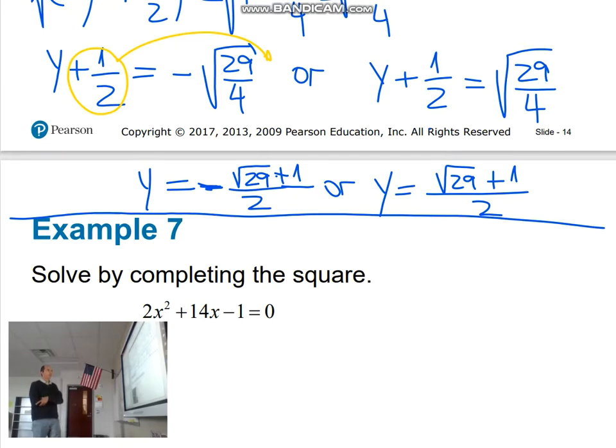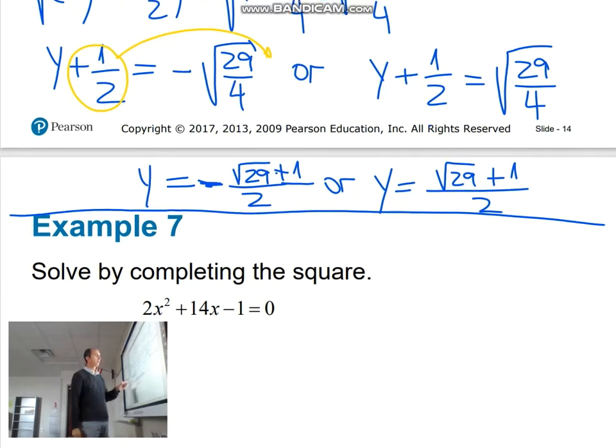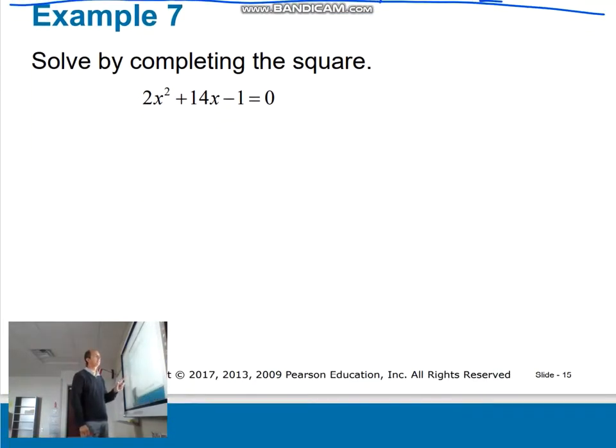All right, and let's move to the next example. Solve by completing the square. Now we have another example. 2x squared plus 14x minus 1 equals 0. And now we have a coefficient in front of the variable that's squared.